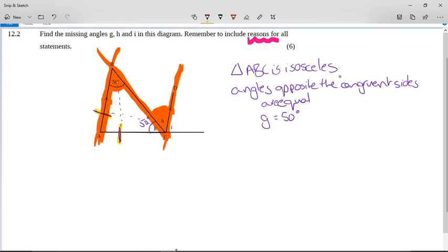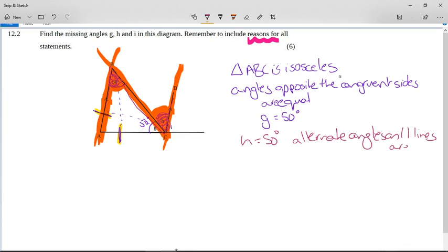So if we have a look here, angle H is equal to 50 degrees, because if we look over here, this angle here and this angle here are alternate angles on parallel lines, and alternate angles on parallel lines are equal. So 1 mark for the angle, 1 mark for the reason.